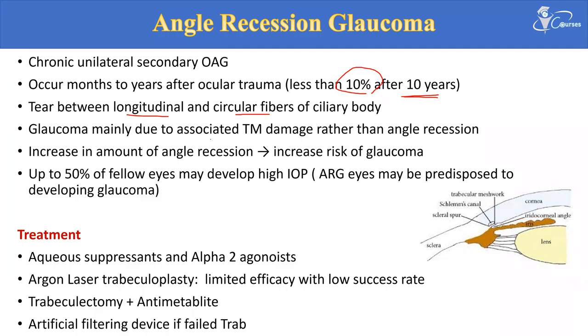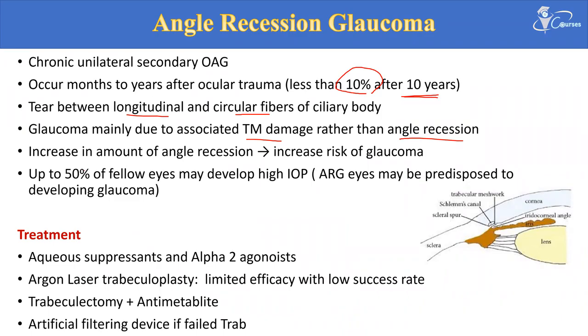The glaucoma occurs mainly due to trabecular meshwork damage rather than the angle recession itself. The greater the angle recession, the greater the risk of glaucoma. What is very strange about this disease is that 50% of the fellow eyes may develop high intraocular pressure.